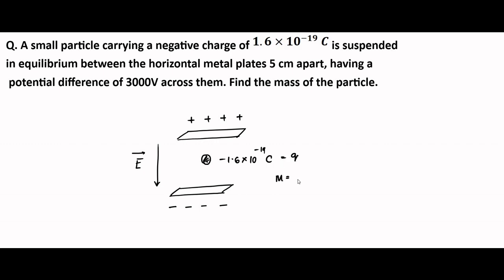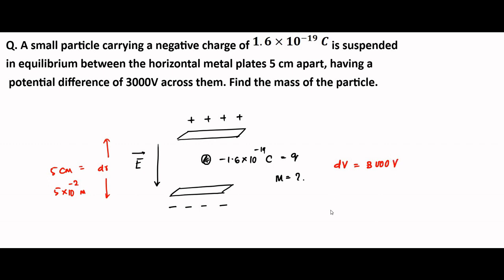Mass we have to find. Let's say the separation distance between these 2 plates is 5 centimeter, which is equal to 5 into 10 to the power minus 2 meter, and the potential difference between them, dV, is equal to 3000 volt.